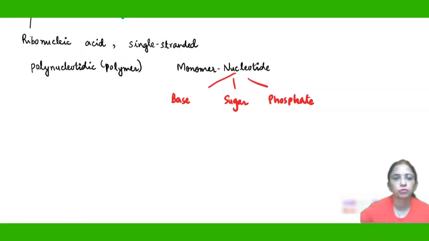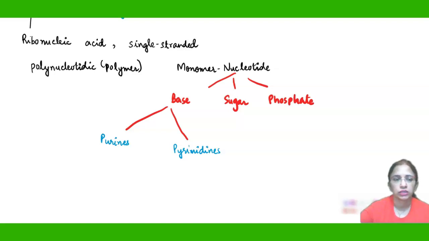Now if we come to bases, again two types of bases will be there in RNA. One is known as purines and the other is known as pyrimidines. Purines are double-ringed heterocyclic structures, whereas pyrimidines are heterocyclic ring structures, but the ring will only be one in them.